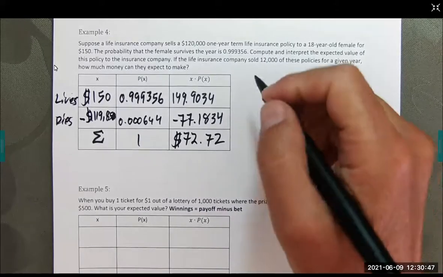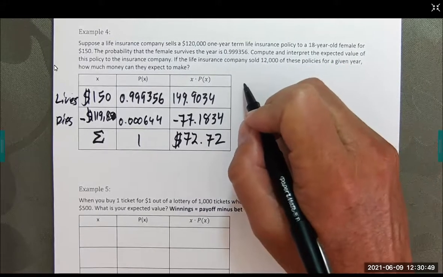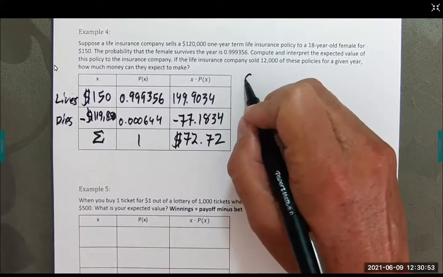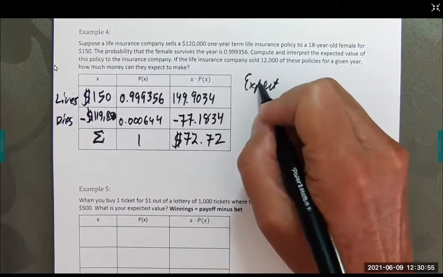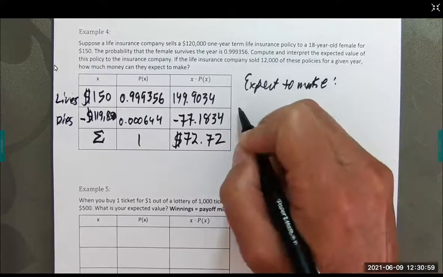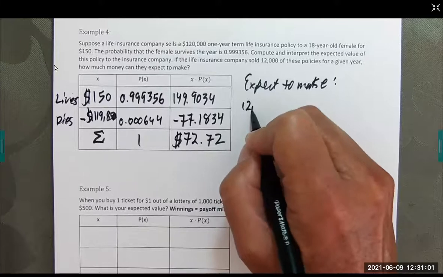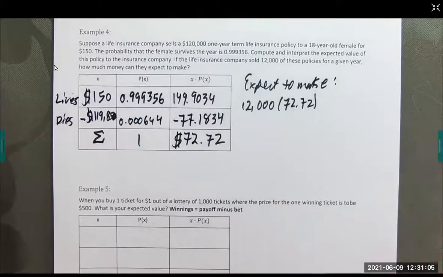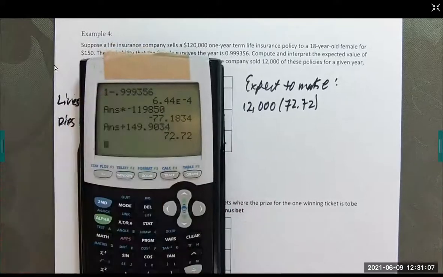So if they sold 12,000 of these, they can expect to make 12,000 times 72.72. So times 12.